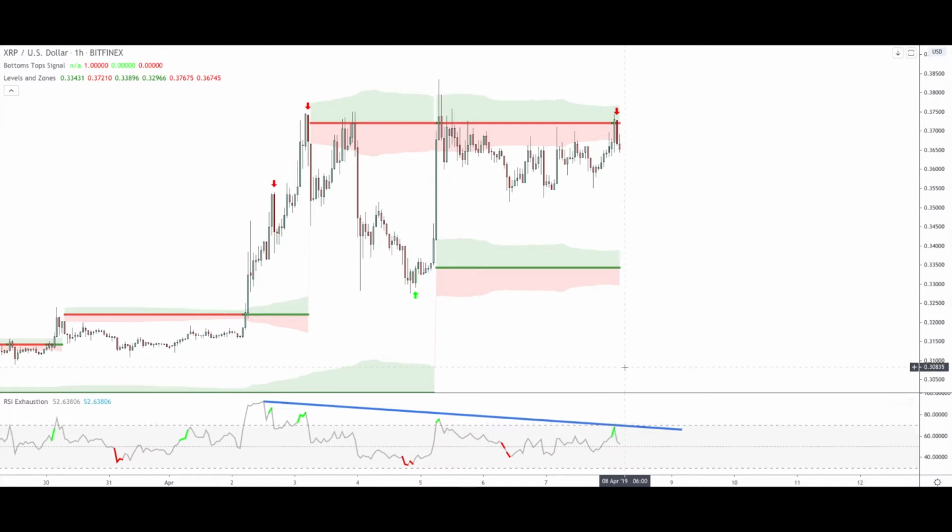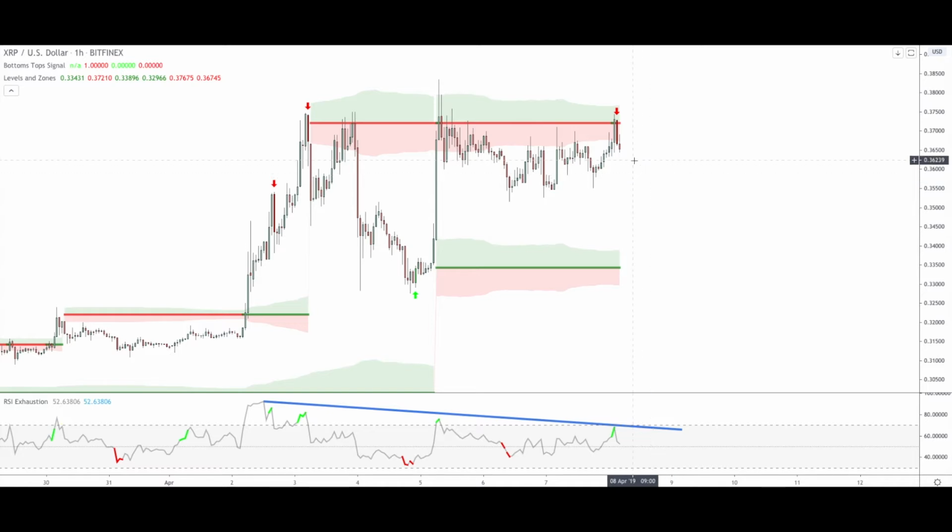So the second condition is checked. The third one is very simple, which is to have a top, and we have a top because we have waited for the next candle, and once the next candle closes, we are sure that the signal on the previous candle is confirmed. So we have a setup.